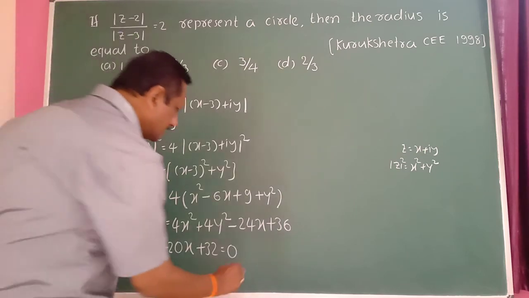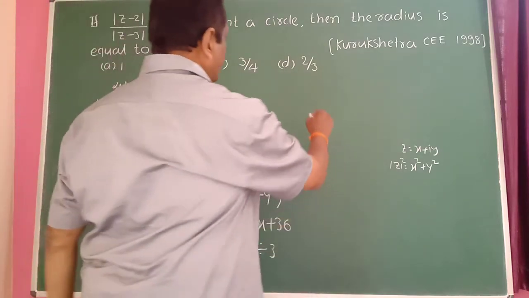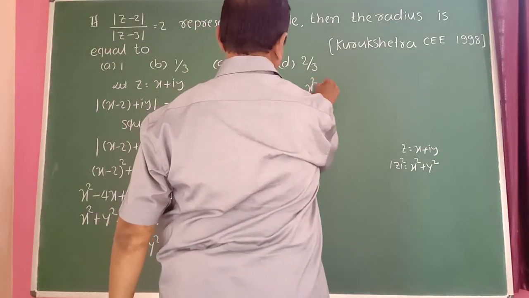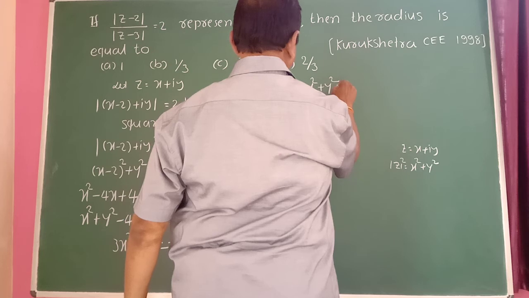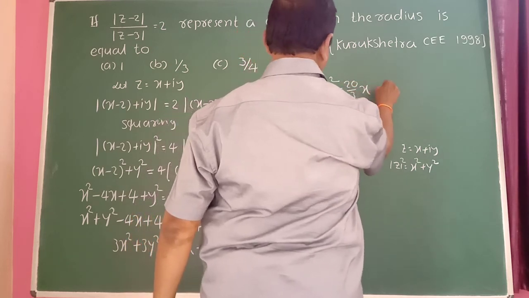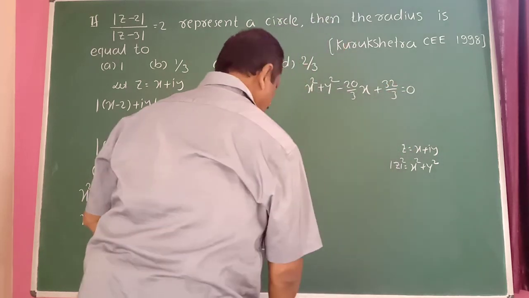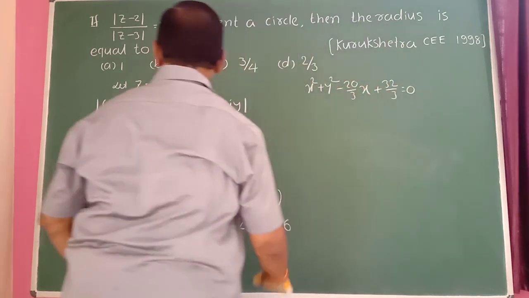Dividing both sides by 3, we get x square plus y square minus 20 divided by 3 x plus 32 divided by 3 is equal to 0. Here we want a radius.